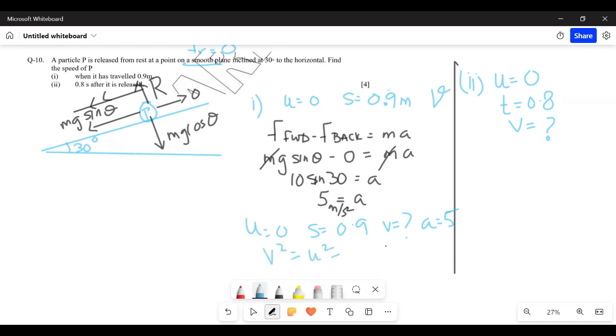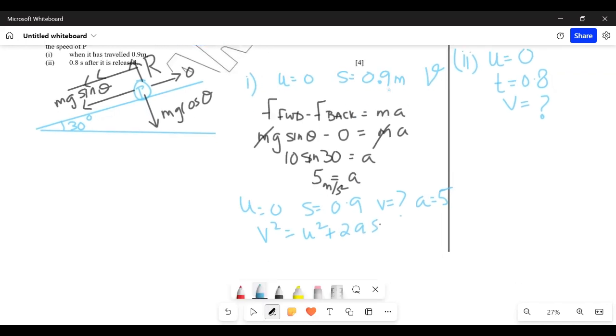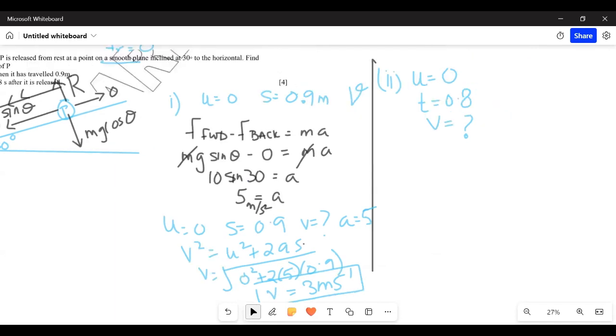So V equals the square root of 0 squared plus 2 times 5 times 0.9, which gives us V equals 3 meters per second. That's the complete solution of part 1.